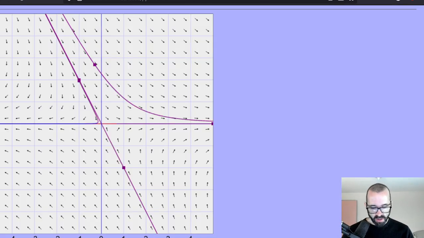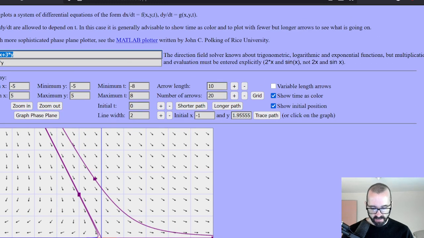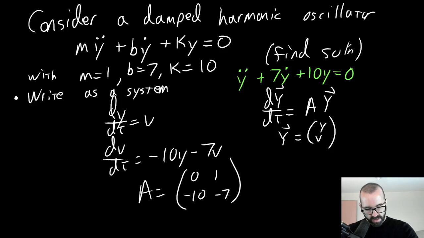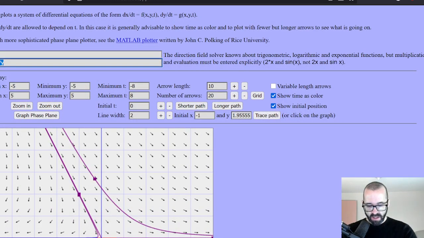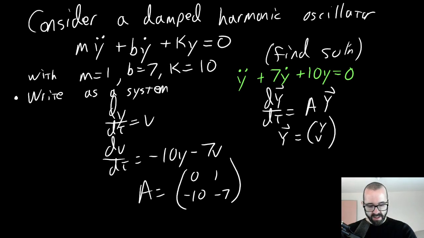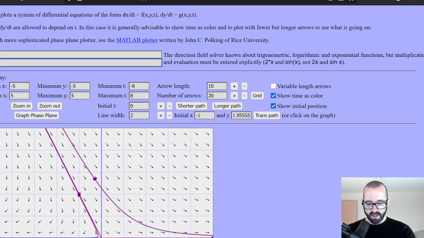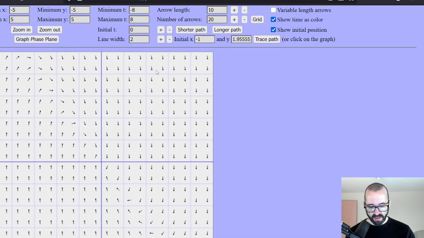So if we go over to here and say, okay, let's put dx dt is equal to just y, and dy dt is negative 10x minus 7y. And again, I'm using the variables that this thing likes.